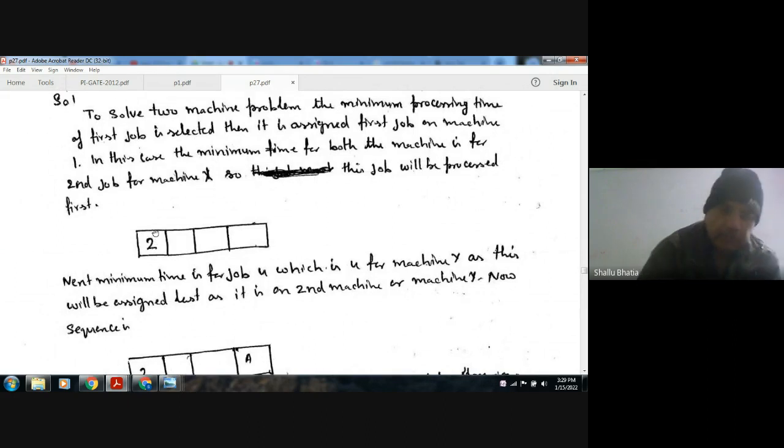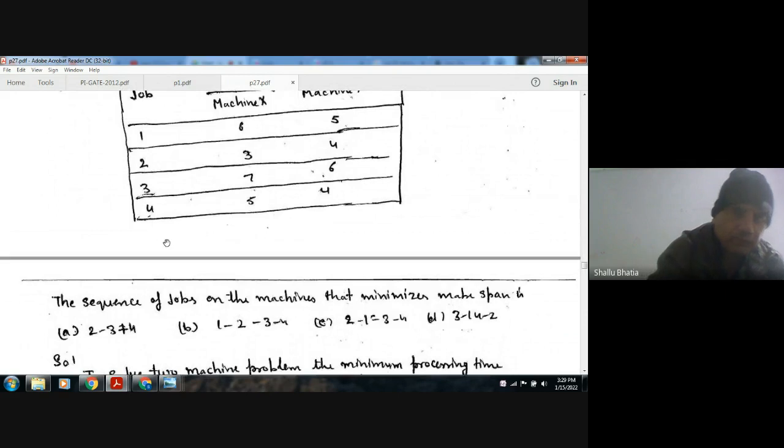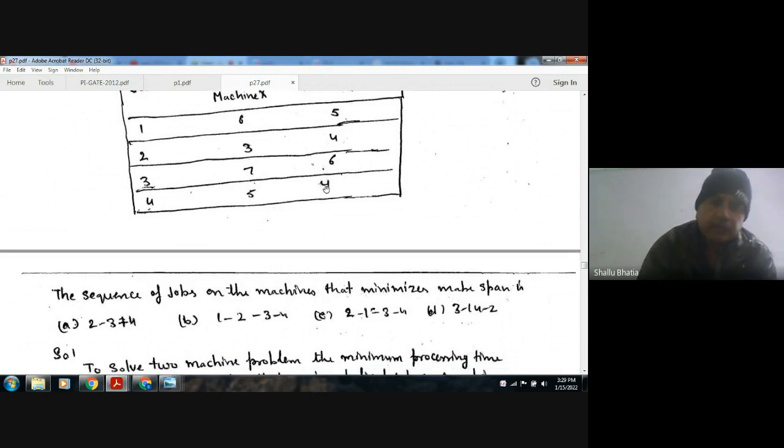Then the next minimum time is this 3, but this job has already been assigned at the first place, so we will not consider it. The other minimum time is 4, and that is on the second machine. As it is on the second machine, it will be assigned last.